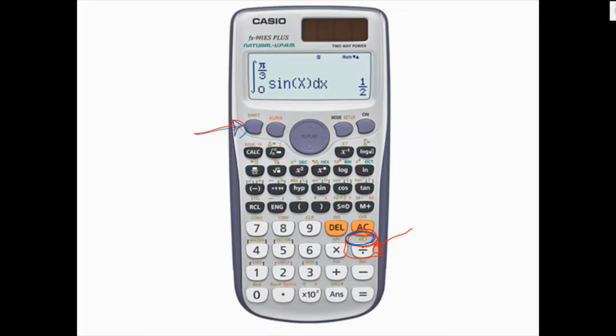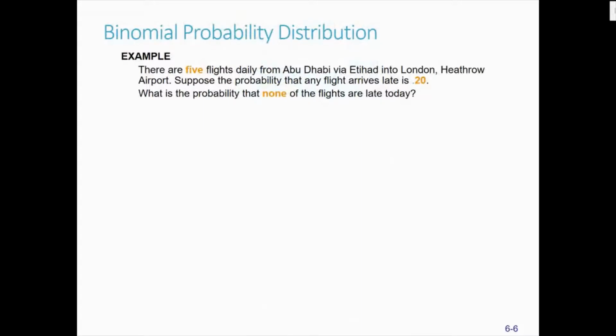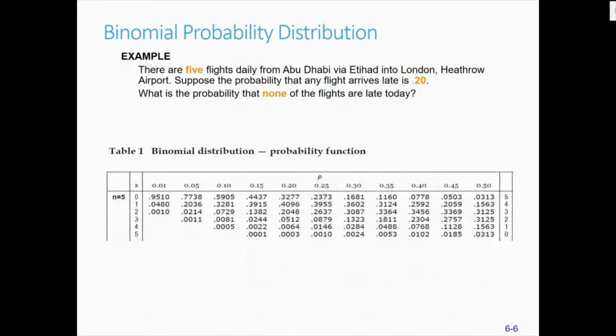Now, all of this can be bypassed if we use a binomial probability table. Okay, and in this table, we'll see it in a minute. We've been given n equals 5, we've been given pi equals 0.2, and we have been given x equal to 0.